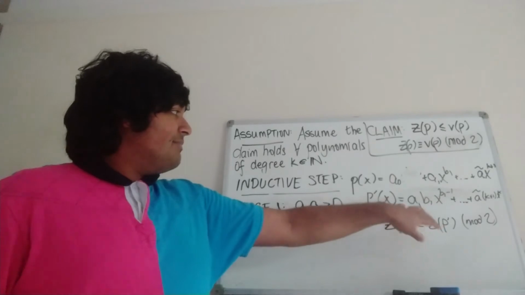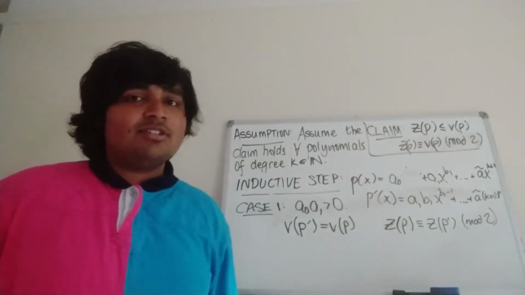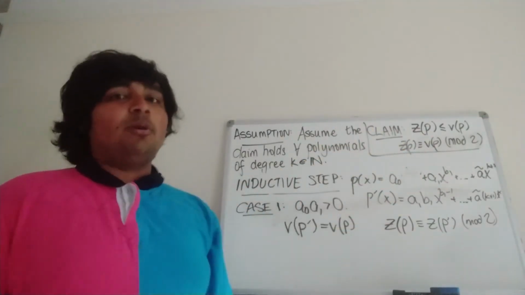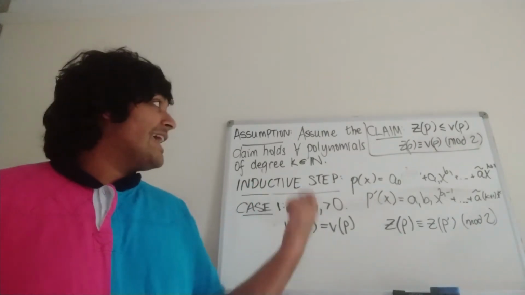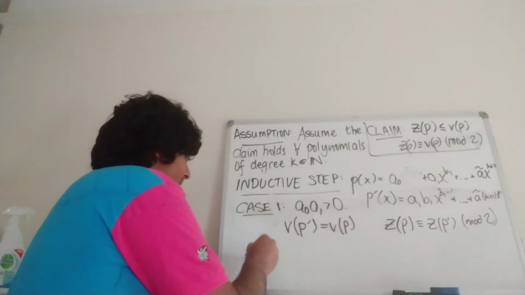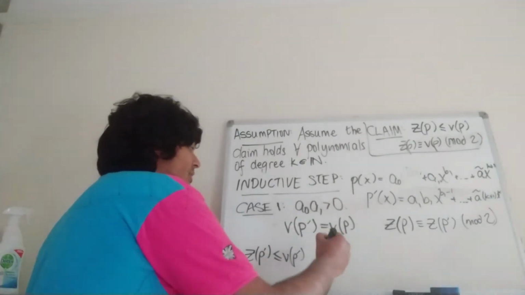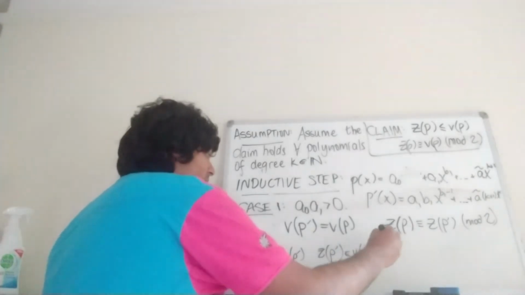Now what we can do is use our assumption, the fact that it holds true for polynomials of degree k as well, and remember p prime is a polynomial of degree k, so we know that z of p prime is less than or equal to v of p prime, and we also know that z of p prime is congruent to v of p prime mod 2.